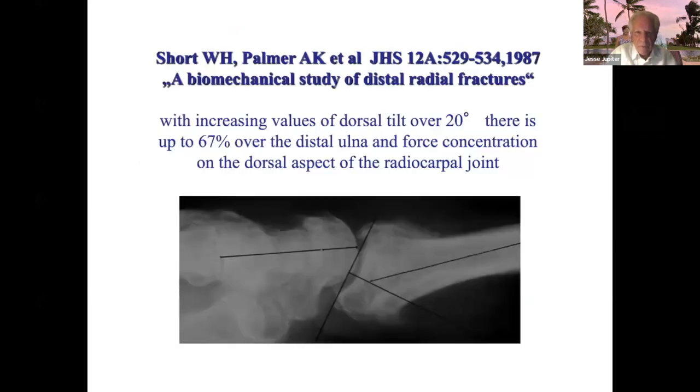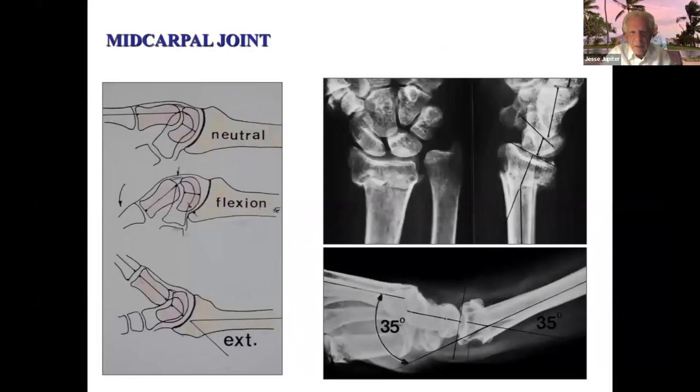We certainly have heard from Emil, and it's well known that if you lose the alignment of the radiocarpal joint, you may transfer load more inefficiently, either to the carpal bones or to the ulna. And when we sometimes look at an x-ray, if you look at an extension of 35 degrees, look at the way the lunate and capitate have adapted. And this is an adaptive malunion.